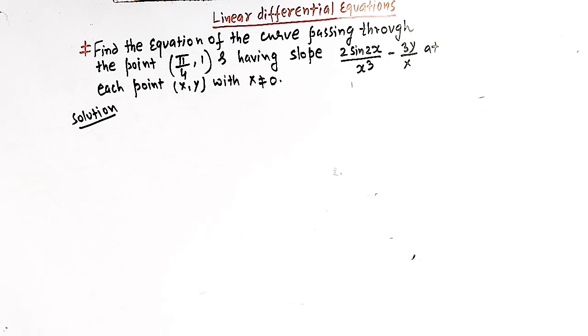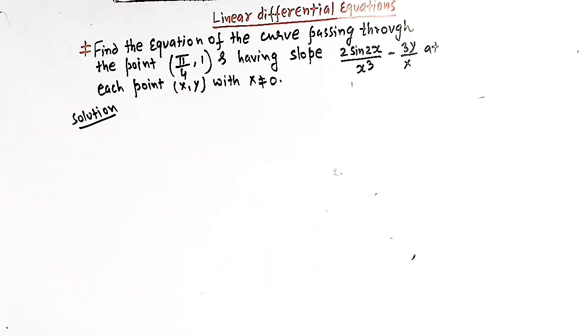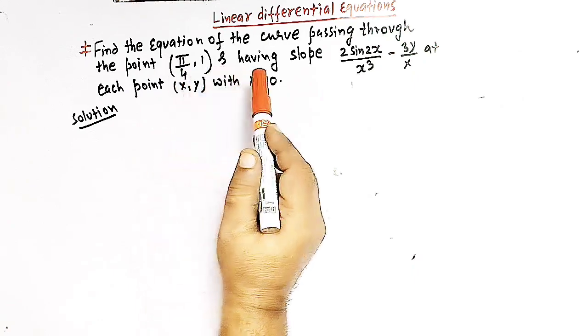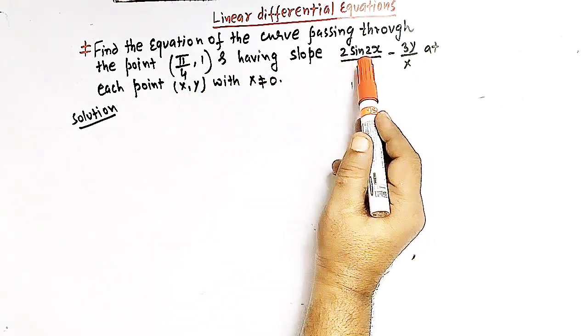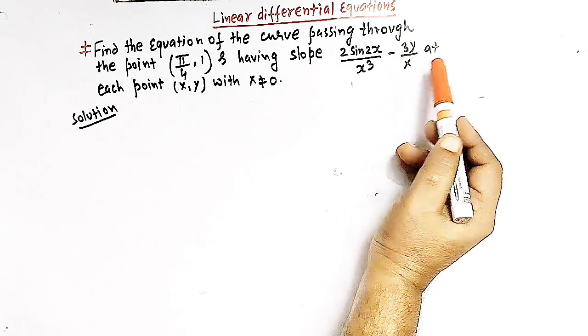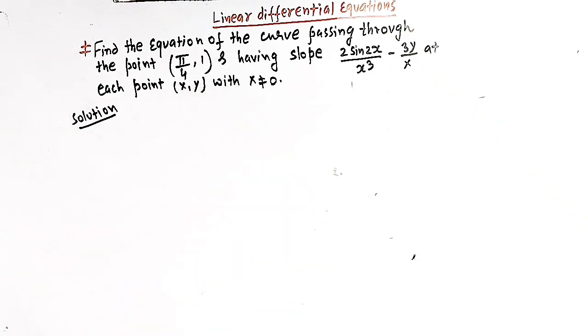So viewers, we have already discussed a lot about linear differential equations in our earlier discussions, and in this session we are going to discuss this problem where we have to find the equation of the curve passing through the point pi by 4 comma 1 and having slope 2 sine 2x over x cube minus 3y over x at each point, that is x comma y, with x not equal to 0, right?